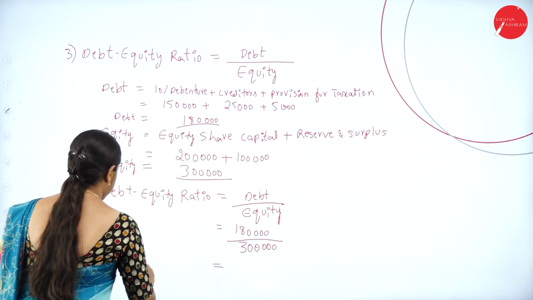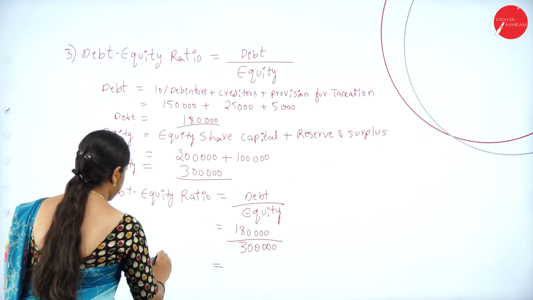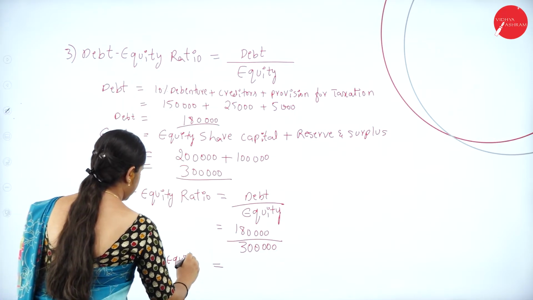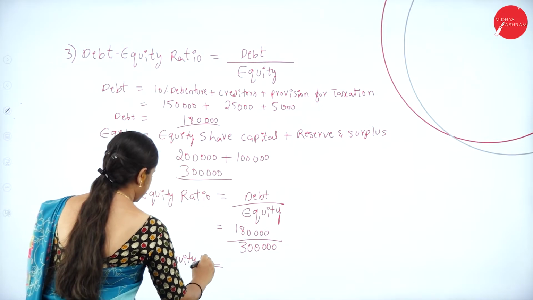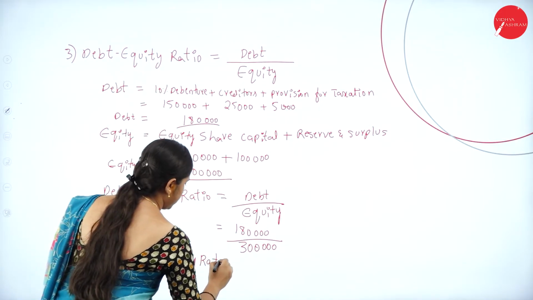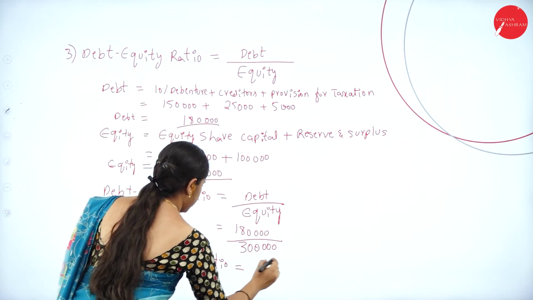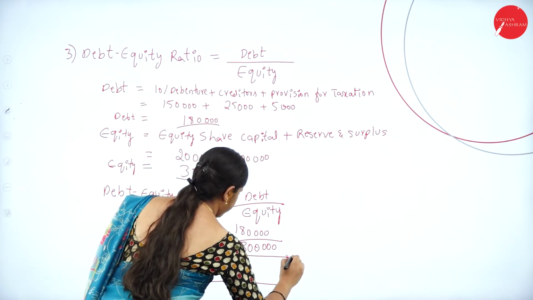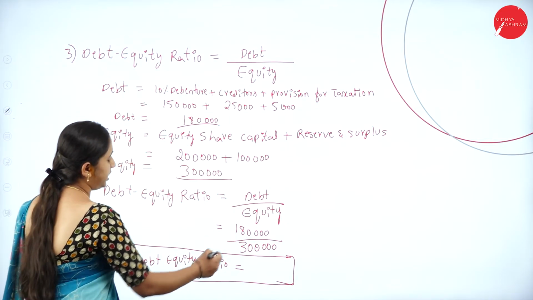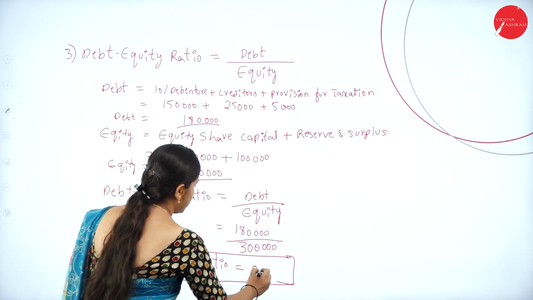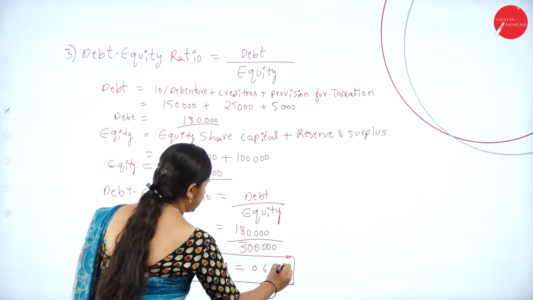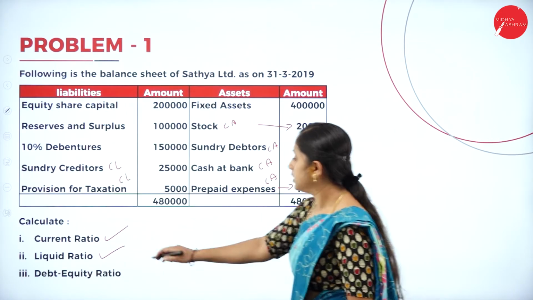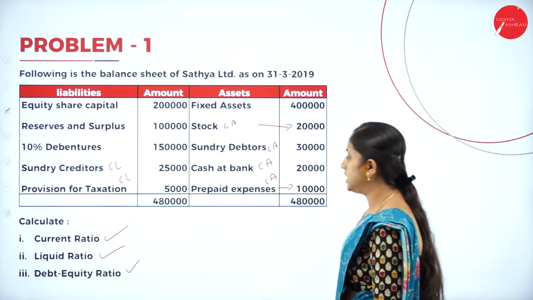The answer is debt equity ratio is equals to 0.6:1. We finished with current ratio, liquid ratio and debt equity ratio.